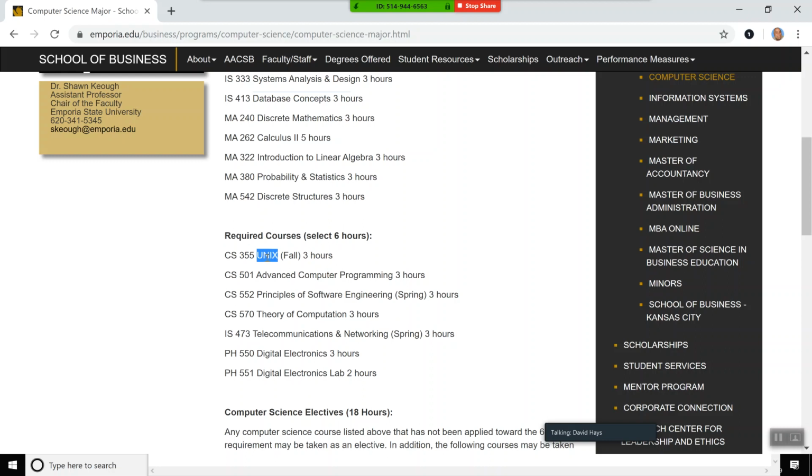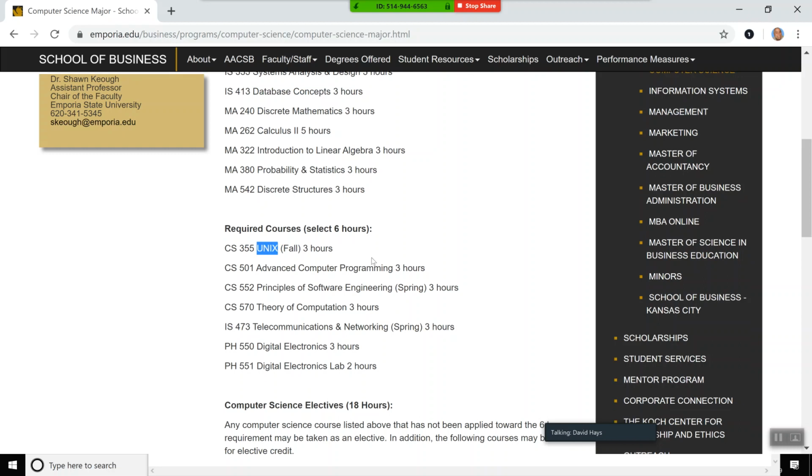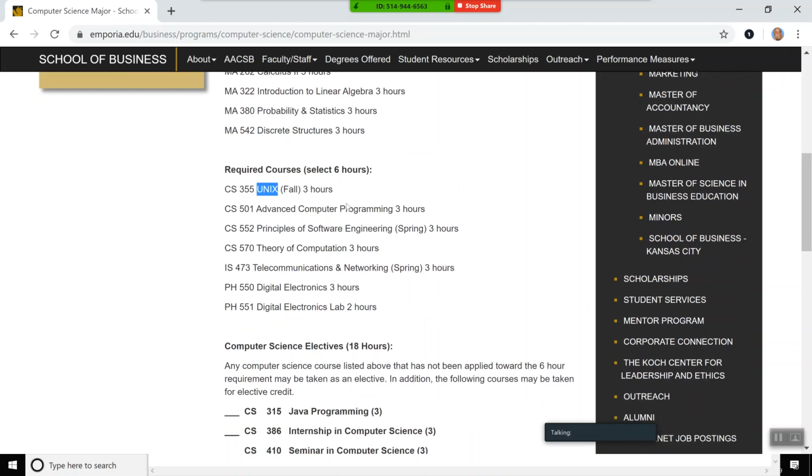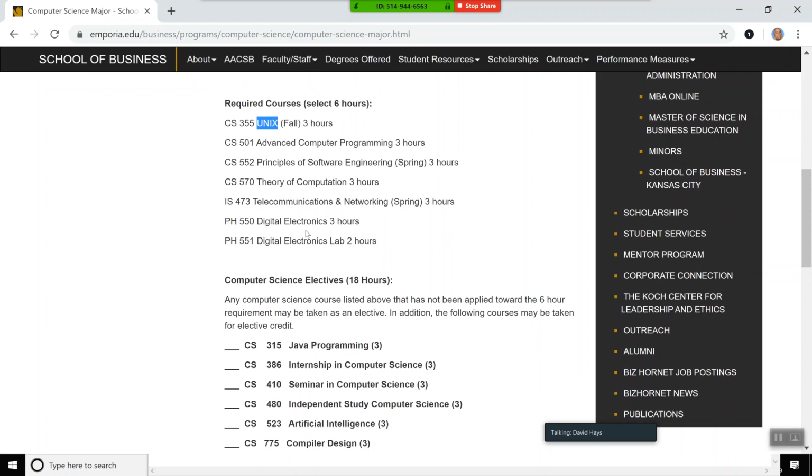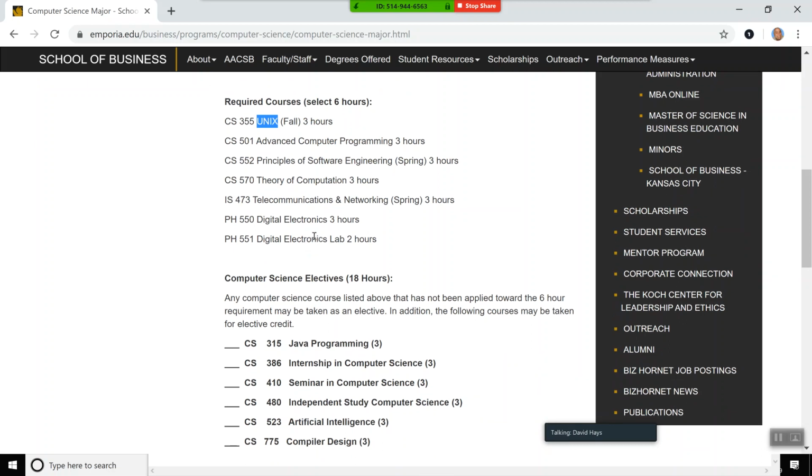It could be they just haven't updated that. And again, it looks like they're being pretty generic here in what these cover language-wise. Digital electronics, I'm assuming that's probably more like what we covered in Introduction to Digital Design. So that class could benefit you going on to here.